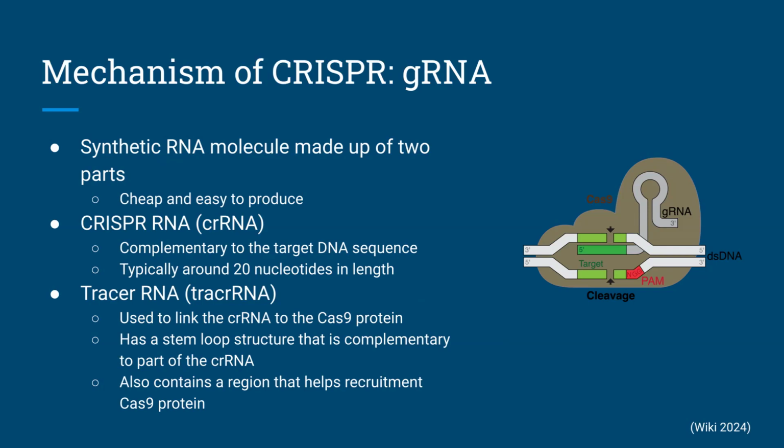And yeah, it also contains that region that helps recruitment of the protein. And so I like to think of it, like I said, the tracer interacts with the Cas9, puts the guide RNA strand there, and then the CRISPR RNA, crRNA, will be the actual one that's complementary binding to the DNA sequence that we're targeting.